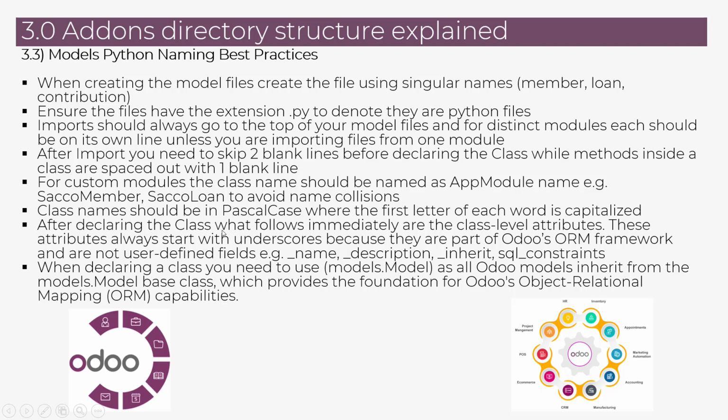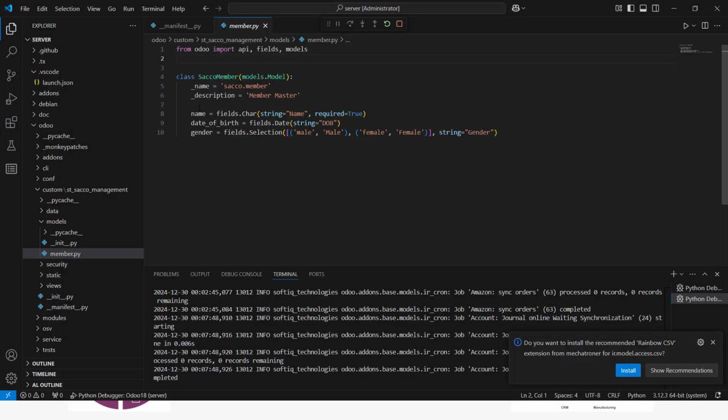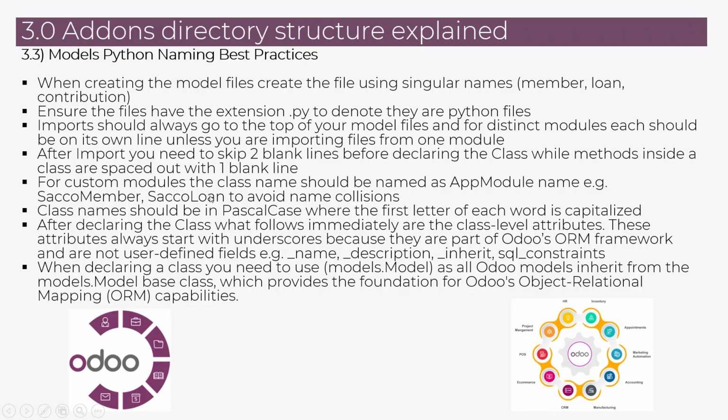After declaring the class, what follows immediately are the class level attributes. These attributes will always start with underscores because they are part of Odoo's ORM framework and are not user-defined fields, e.g. _name, _description, _inherit, _sql. So basically these are the attributes we're talking about. All these are mapped to a column in the database, and through the ORM, the system is able to know that this is the name and this is the description of that table.